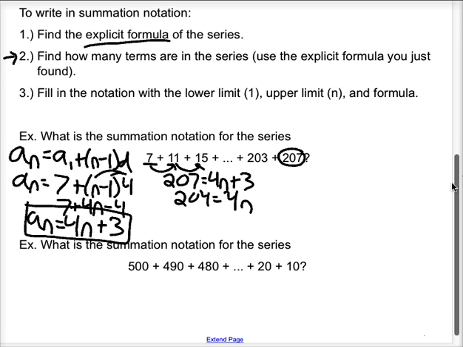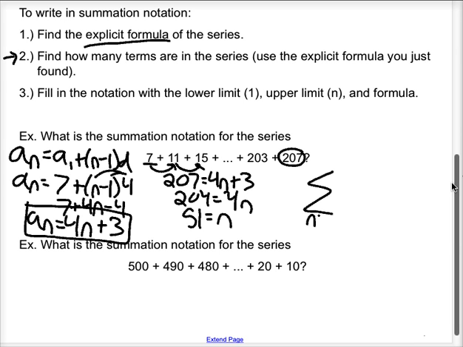And now I'm going to divide by 4, and I'm getting 51. All right, so I have my n. Now I have everything that I need to write this in summation notation.